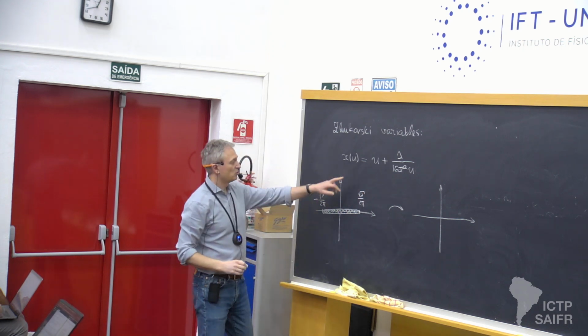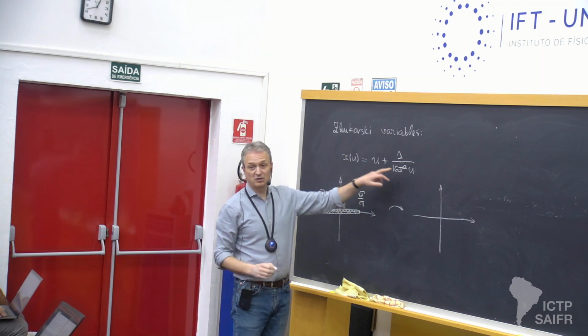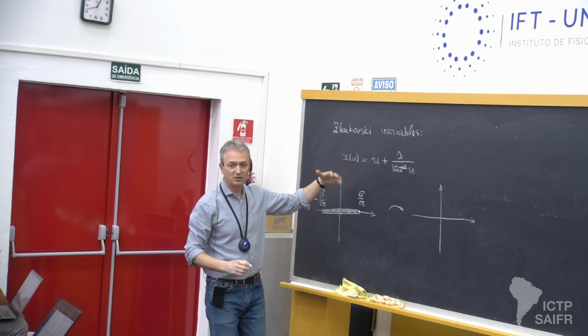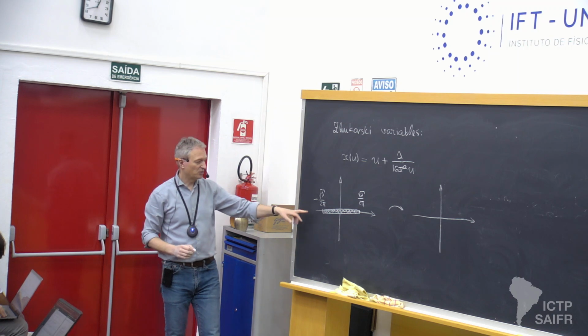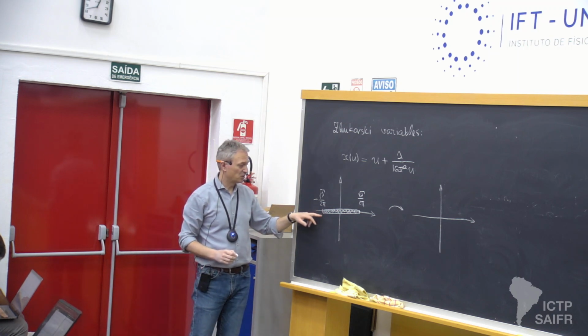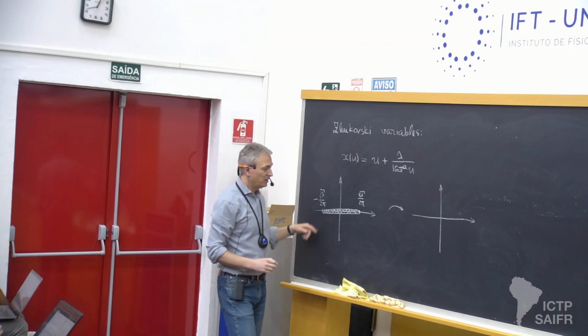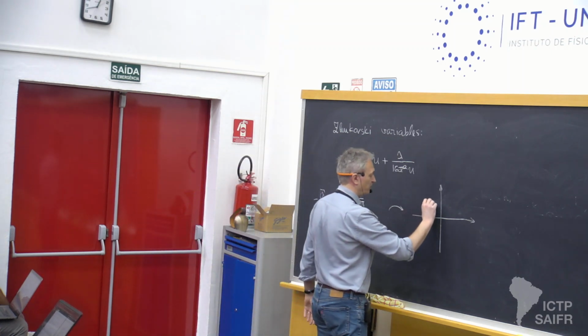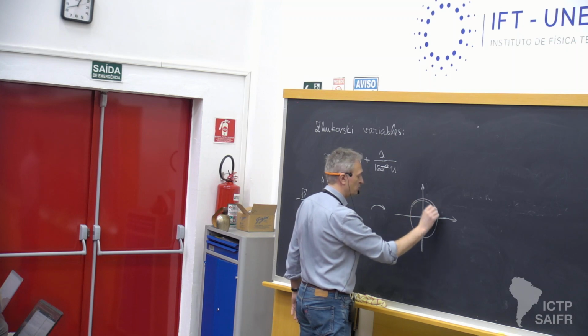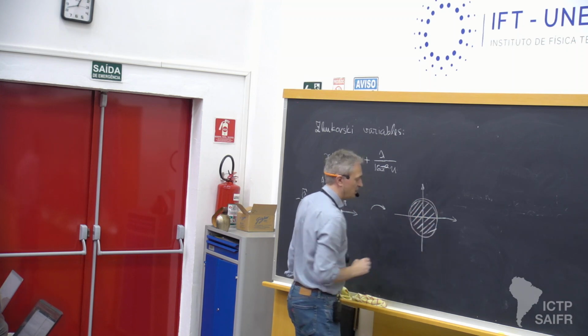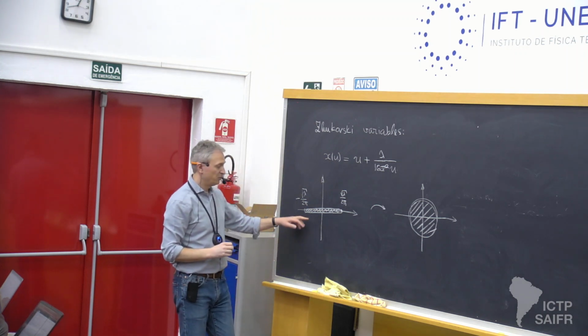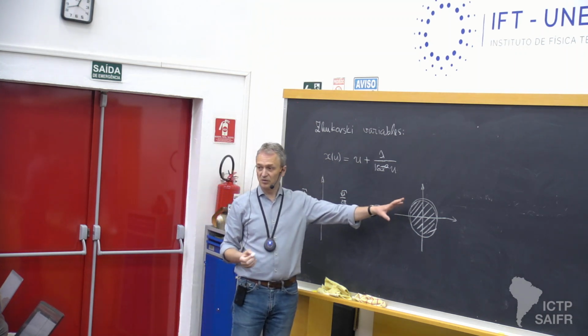When you invert this transformation, you need to solve a quadratic equation. It's quite natural that you get a square root cut. And the exterior of this plane is mapped to the exterior of the unit circle. So this is how the Zhukovsky map is actually defined. It maps a plane with a cut into the exterior of the unit circle.